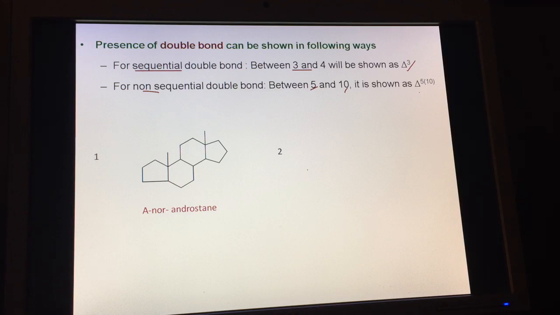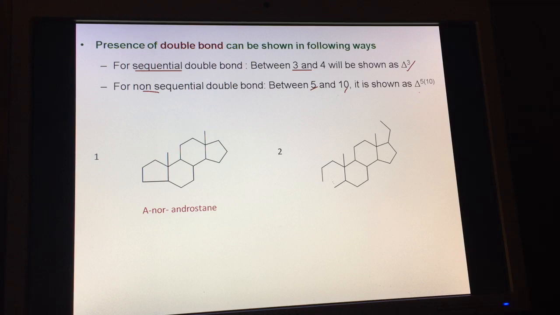Now, the second example is, if you look at this structure. What is the name of this structure? The first step again is the same. You have to identify the parent structure. For the time being, just forget about this breaking of the bond.